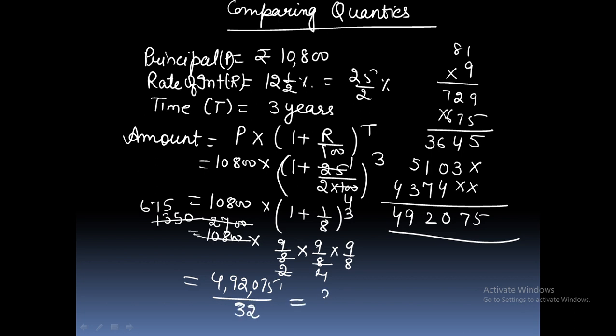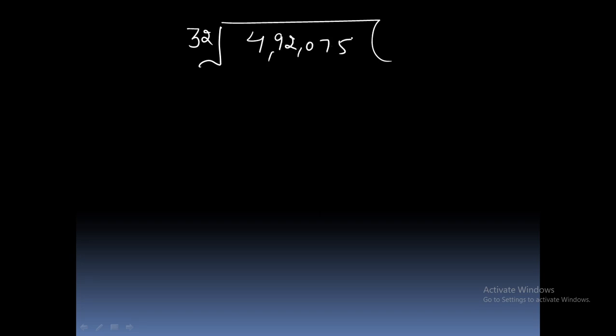After dividing, we will get 15,377.34. You can check it by dividing like this. 32 divided by 492,075.